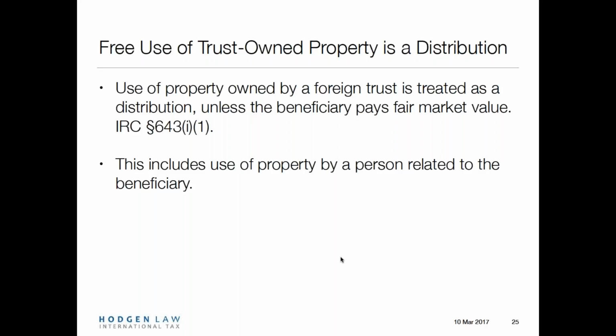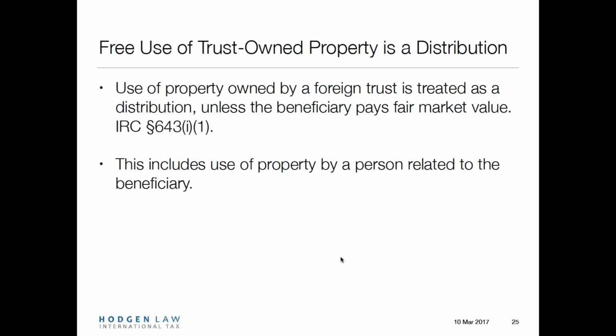Use of that condo in Vail by the U.S. beneficiary is going to be treated as a distribution at the fair market rental value of that condo. And critically, this also includes use of that condo by a person related to the beneficiary using the 267 and 707B related party rules. So watch out for this.